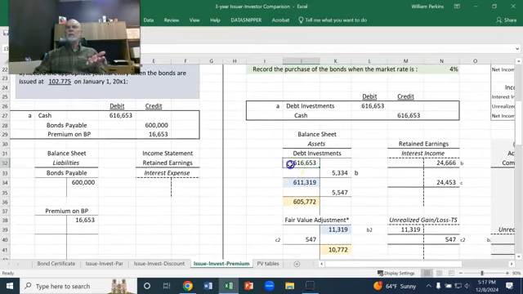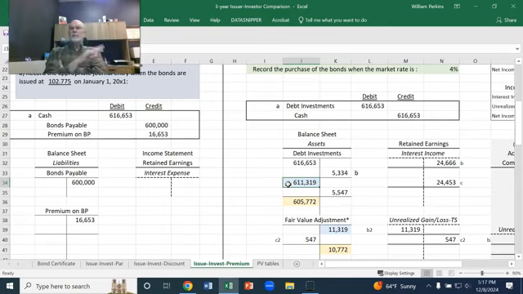So as we amortize the premium, we're gradually bringing the carrying value down. Since it started with a premium, it's gradually coming down and approaching that $600,000 face value. At the end of the first year, the amortized cost is $611,000. If the investment is classified as held to maturity, we're through.